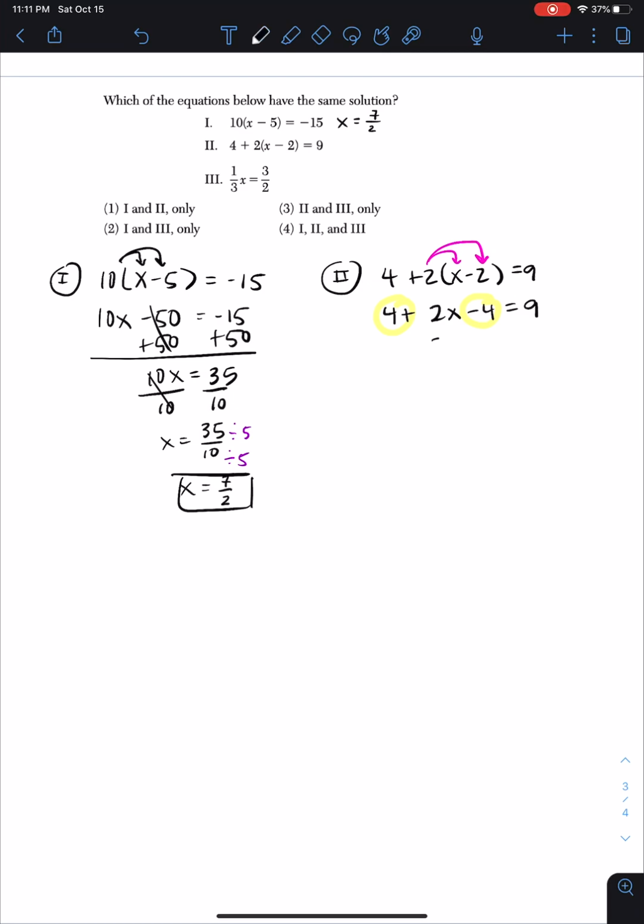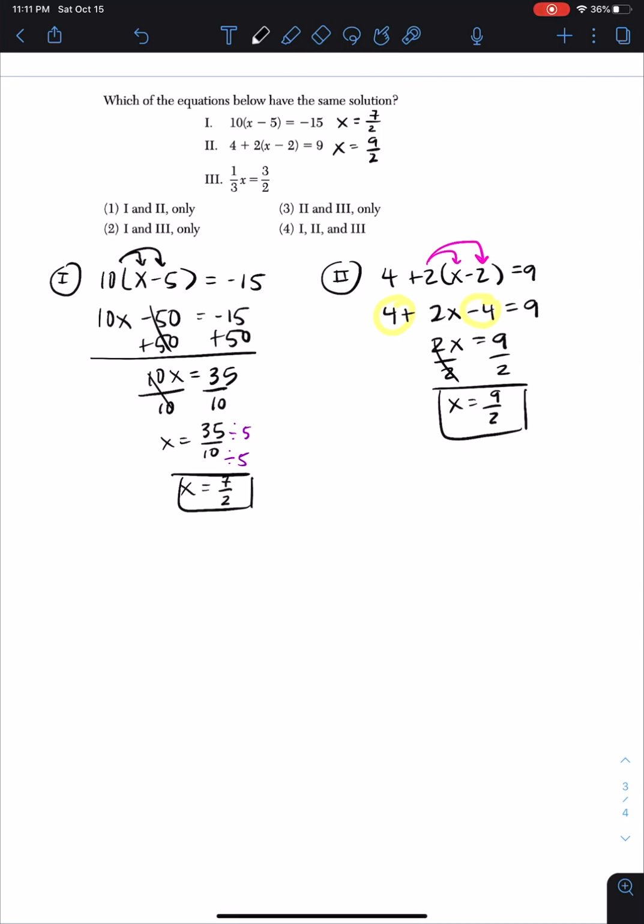So these cancel out, and we're just left with 2x is equal to 9. And then we're going to divide by 2 on both sides, and we're left with x is equal to 9 over 2. And we'll notice that equations 1 and 2 do not have the same solution.